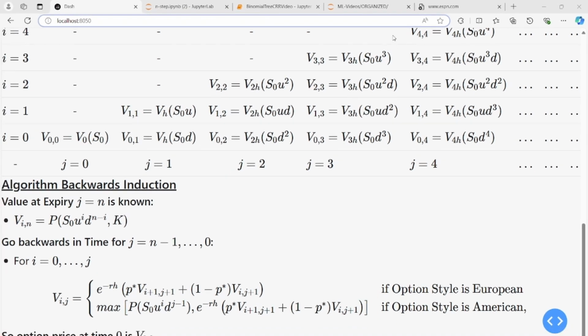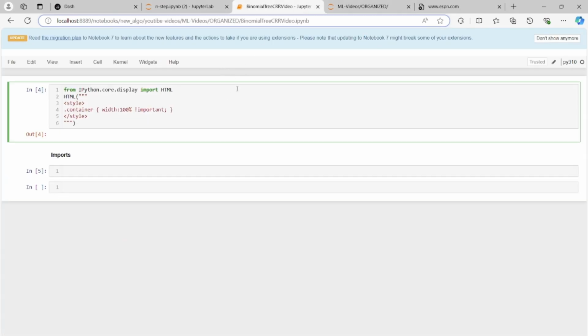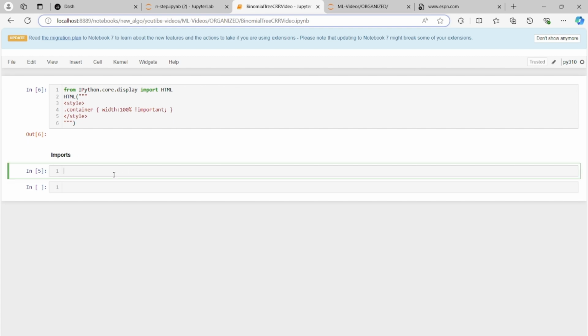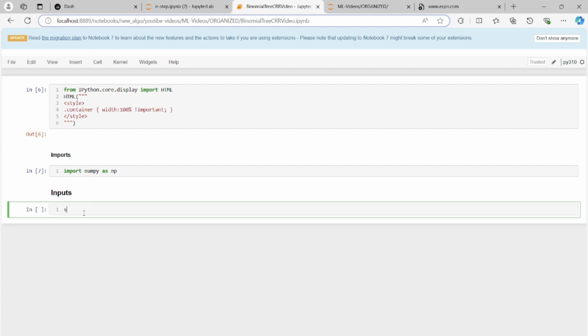Okay, so let's show you how to do it in Python. The only library we're going to need is NumPy, so import numpy as np. Let's write our inputs first. We need the initial stock price S, let's say it's 100.